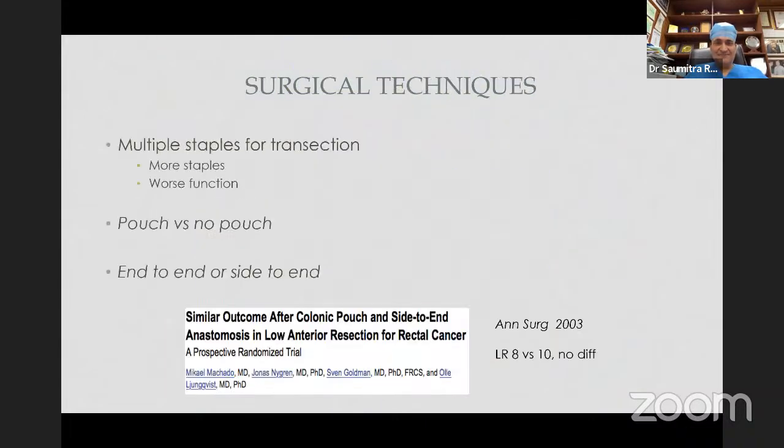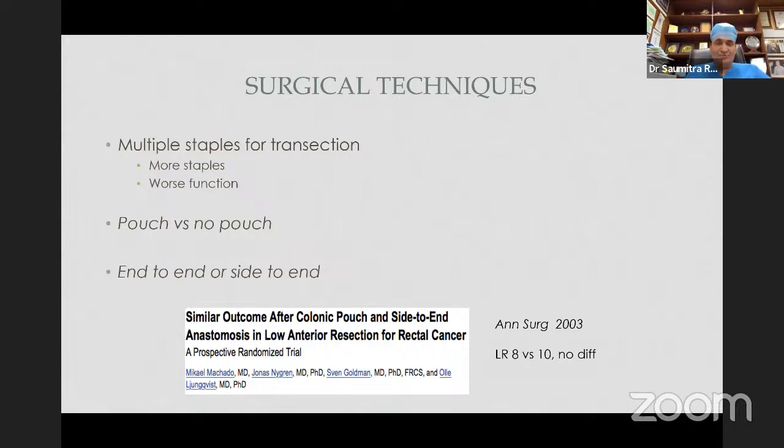What are the operative factors? Multiple staples for transection. If you use more than 2 staplers in the rectum, there is a high risk of anastomotic leak. If I am operating on an obese patient and the rectum is thick, I would rather give a Pfannenstiel incision and put a stapler so that I can staple it in 1 or 2 staplers at the most.